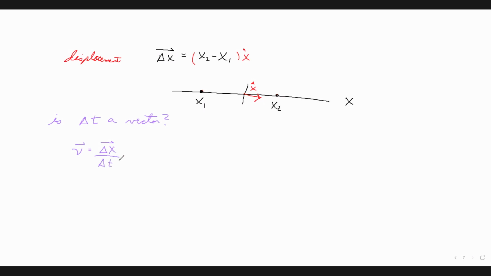So a vector divided by a vector makes no sense. So delta t can't be a vector. Otherwise, velocity would be nonsense. So we've got a scalar here divided into a vector. That's totally acceptable. Give me another vector.